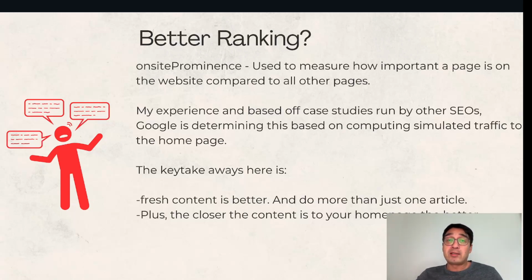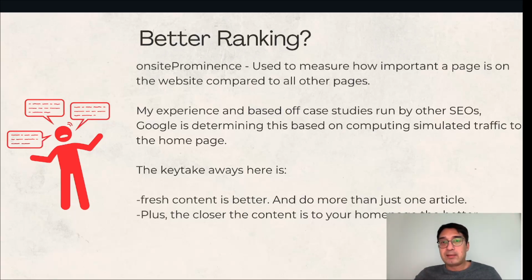You then have the on-site prominence algorithm or API. This is used to measure how important a page is on the site compared to all the other pages on your website. Based on my experience, and on case studies run by SEOs that I've read, Google is determining this based on computing simulated traffic to the homepage. And so it's figuring out which is the most important page on your site based on where all the traffic is going.